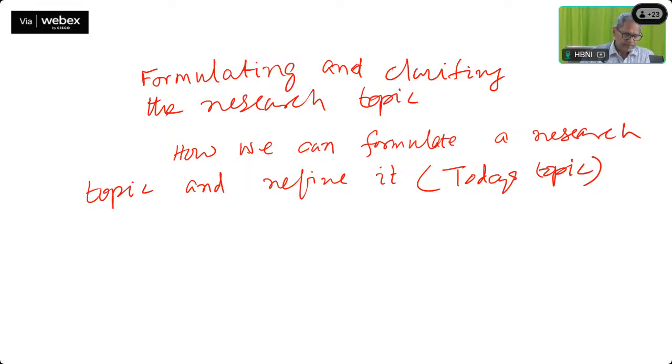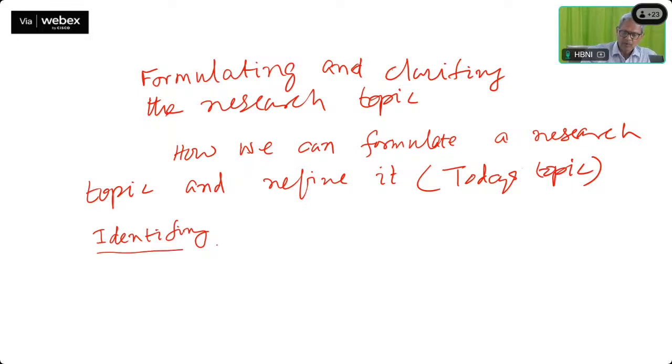So, what are the steps to formulate a research topic and how can we refine it? The first thing is how we can identify the attributes of a good research topic.